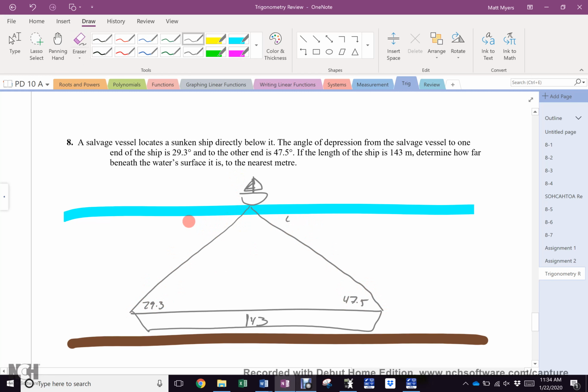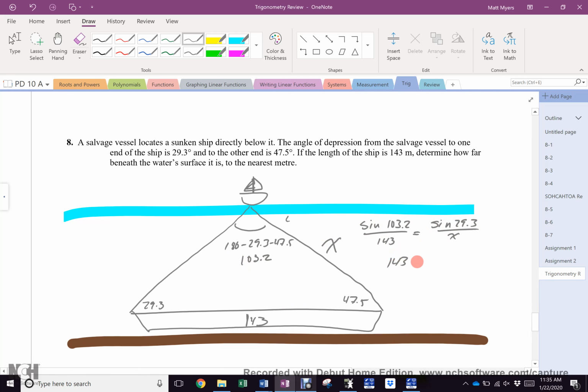And now I know this to be 180 minus 29.3 minus 47.5, which is 103.2. So then I just do sine law. Sine of 103.2 over 143 equals sine of 29.3 over x.